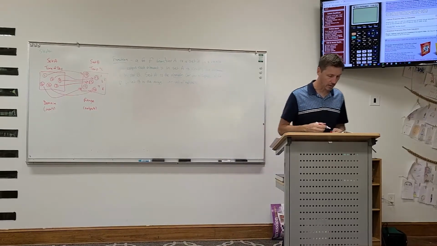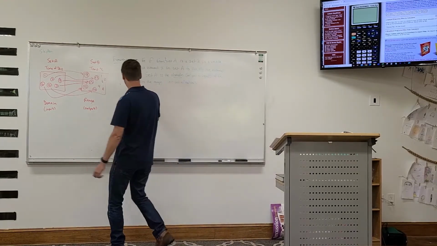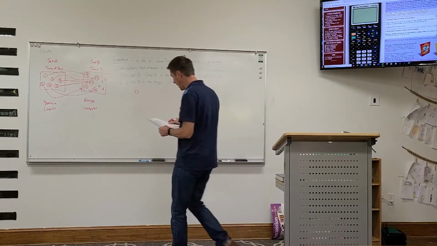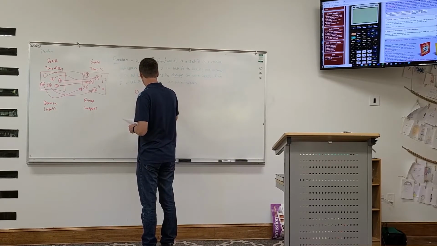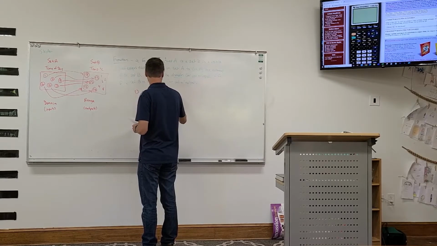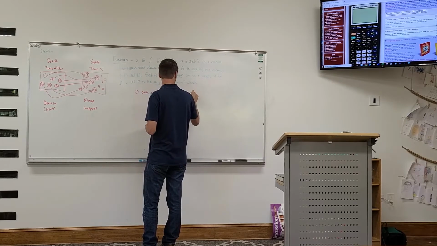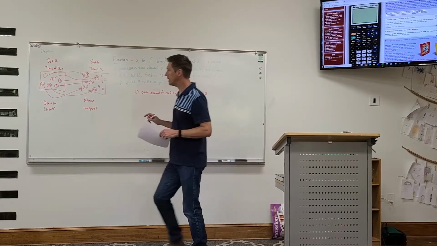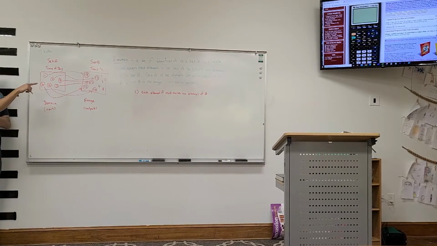There's actually 4 characteristics that they list in the book, and for thoroughness, I'll write those down. Each element of A must match an element of B. So in other words, we don't see any items here that don't point to something, right?